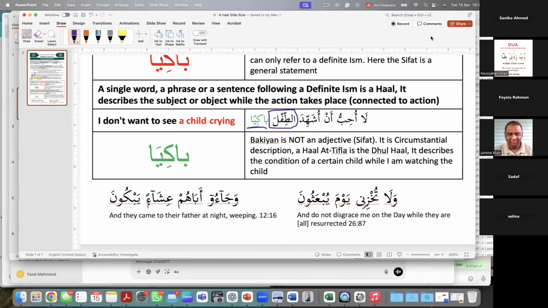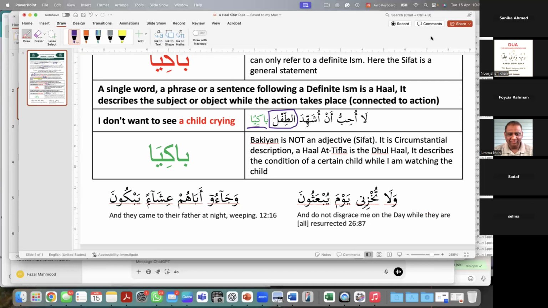وَجَاءُوا أَبَاهُمْ عِشَاءً يَبْكُونَ. So, وَجَاءُوا أَبَاهُمْ, they came to their father. Isha'an means nighttime, mafulun fihi, indicating time.